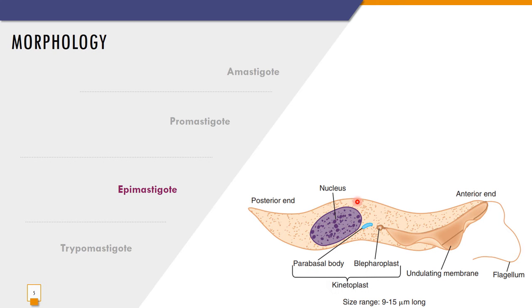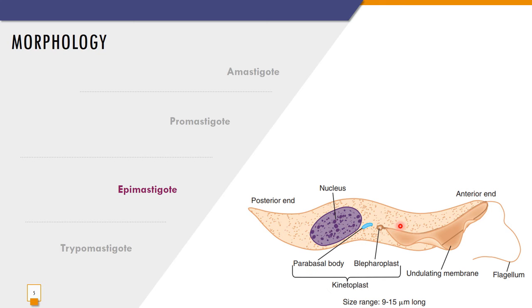Okay, so the kinetoplast is located anterior to the nucleus. And the undulating membrane, measuring half of the body length, forms into a free flagellum at the anterior end of the epimastigote.